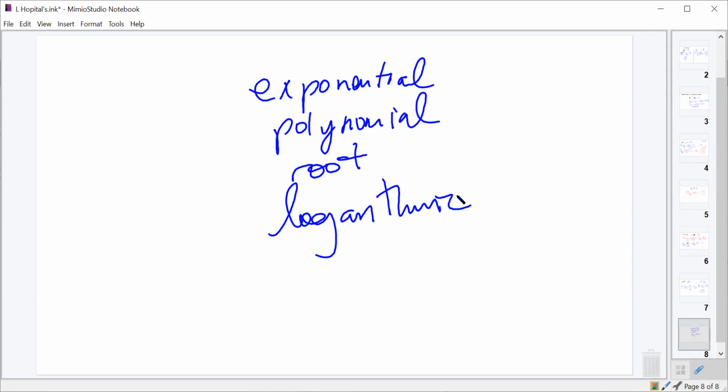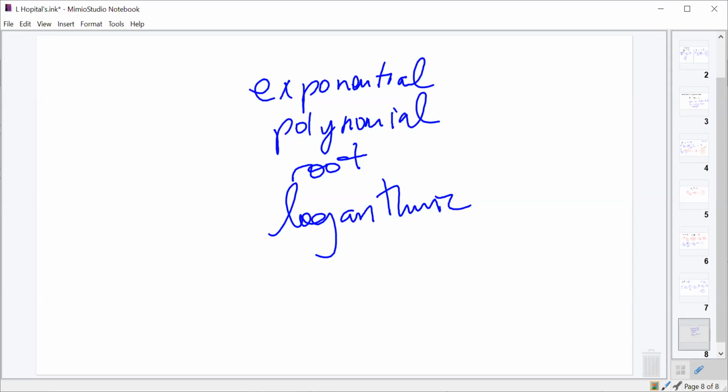Anybody know what the one type of function that increases more quickly than exponential functions are? Not that we'll deal with them in this class, but just for fun, anybody know? Factorial functions.